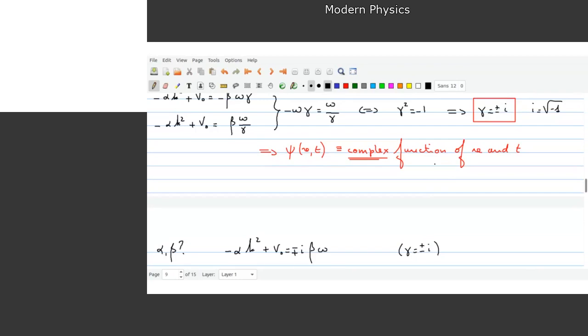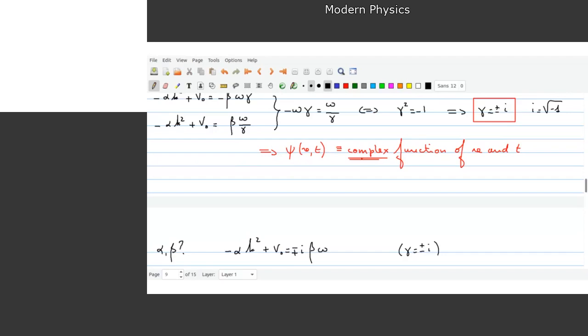So the wave function doesn't have a direct physical meaning, and this is confirmed here by the fact that this wave function is complex.